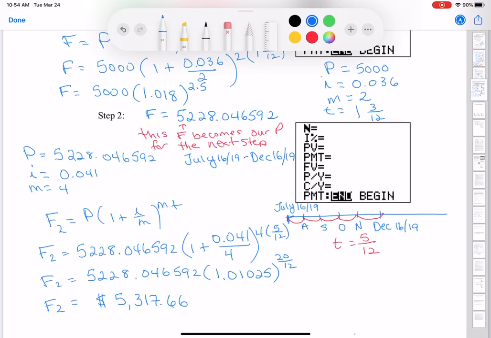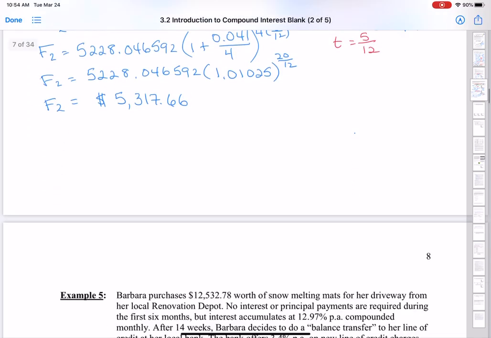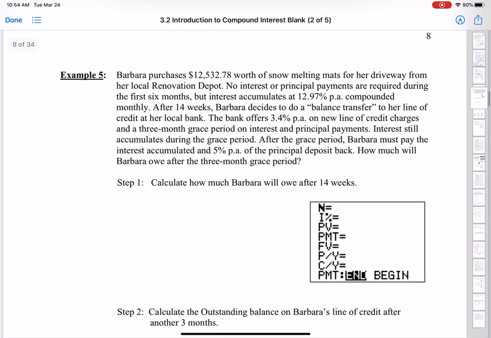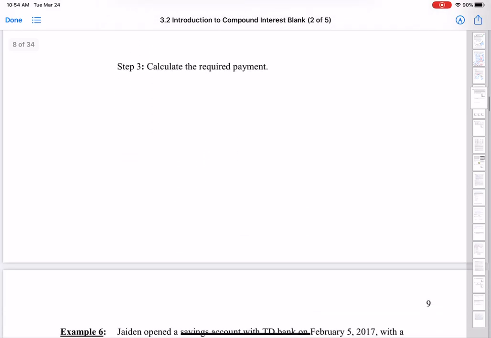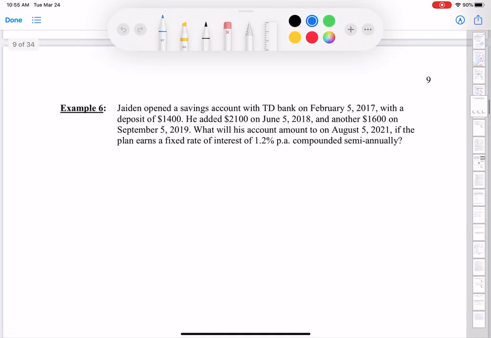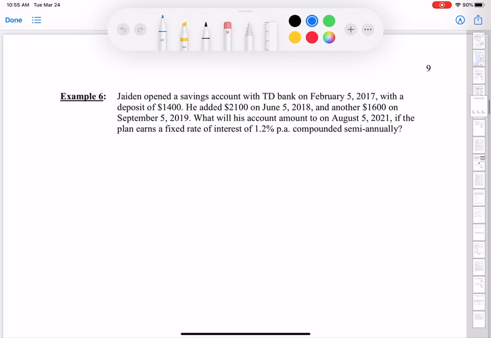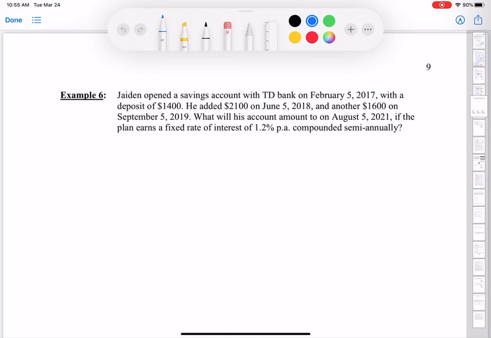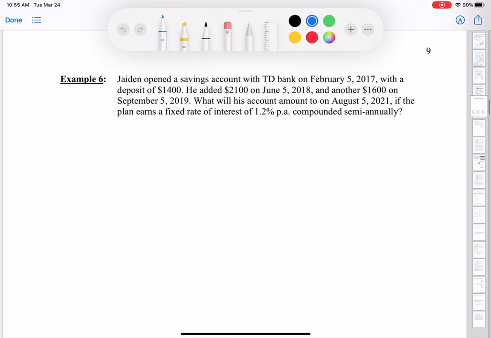All right, so let's move along to some other types of problems that have multiple steps in them. I'm just going to move past this example of Barbara, but I do want to focus in on example 6 that talks about a savings account where we're adding money in.